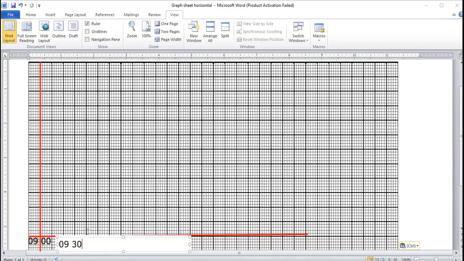If the time slot was very high, then I would be taking a difference of 1 hour, but right now I'm taking a difference of 30 minutes. So this spot is my 0900. This spot is my 930.